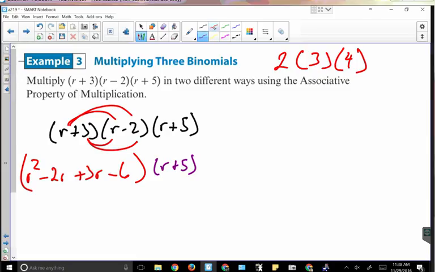And again, it really doesn't matter which order we do this with. I could take every single one of these and multiply it here. I probably would like to add like terms first, so that I end up with r squared plus r minus 6 multiplied by r plus 5. It doesn't matter, again, what order we want to go in.